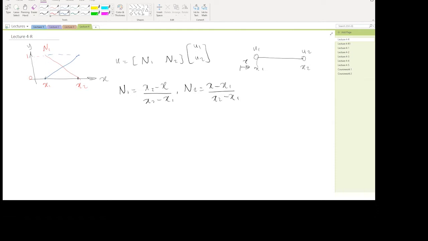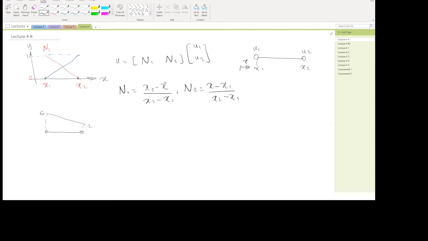Now, as we discussed last week, this can be quite a powerful tool to be able to recover pretty much any type of displacement that is happening between node 1 and node 2. So let us assume that the displacement at node 1 is 5 and the displacement at node 2 is probably 2.